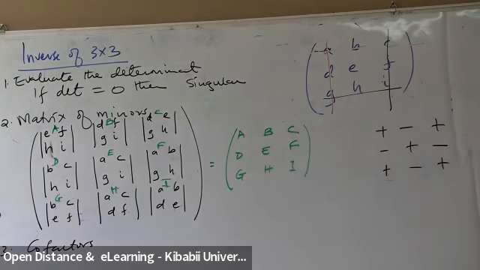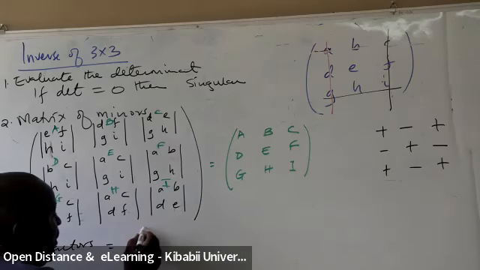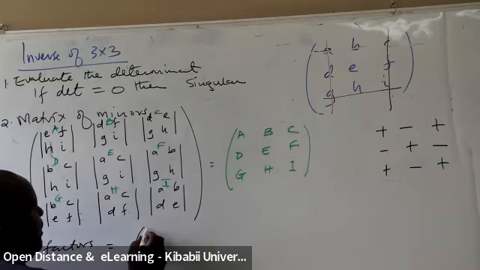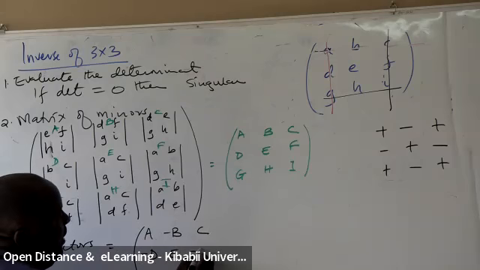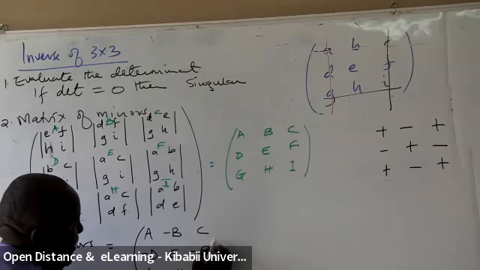We apply that, which means we are performing operations of signs on the matrix of minors to get the matrix of cofactors. So the matrix of cofactors will be, for the first row, plus A, minus B, then C, minus D, E, minus F, then G, minus H, then I.